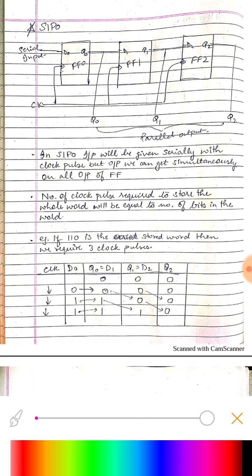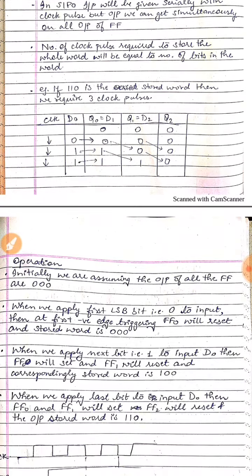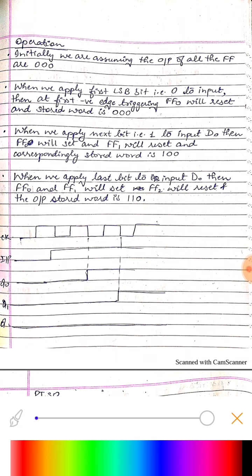This is the diagram. Here we will feed the data serially. Okay, let's see the operation. Initially, let's say all the flip flops have 0 stored in them. So initially we have 000 stored.